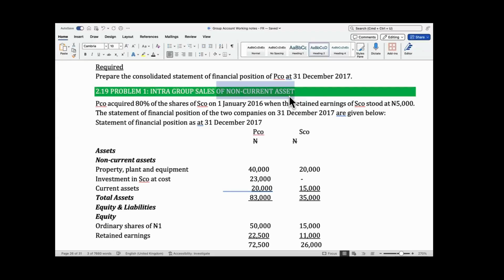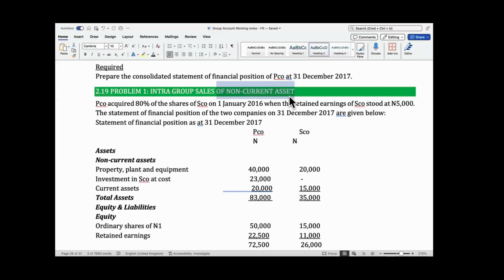That therefore means that the guy might have been overcharging depreciation, because he will have recognized depreciation on the higher value of that asset. So you need to identify that excess depreciation and also eliminate it.